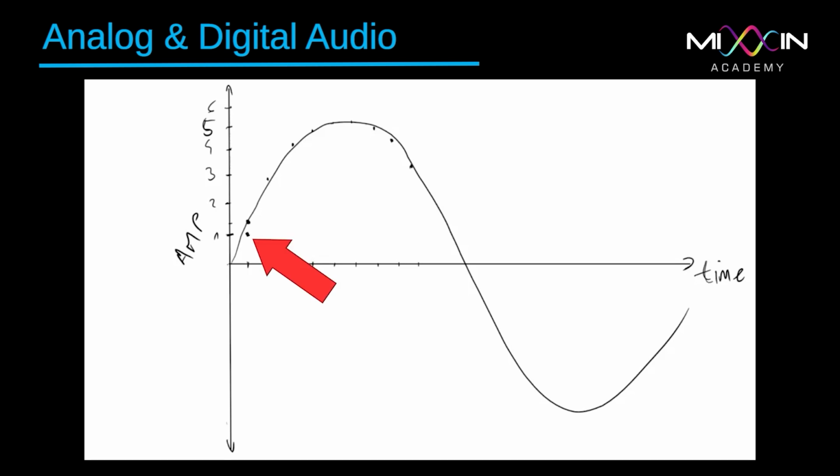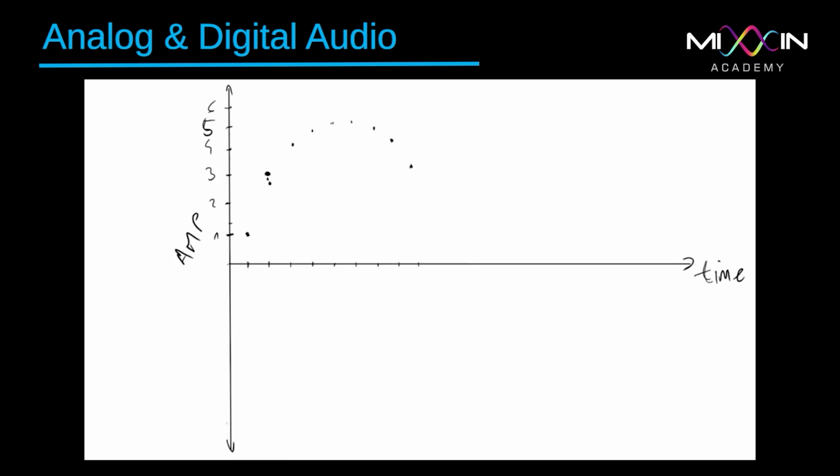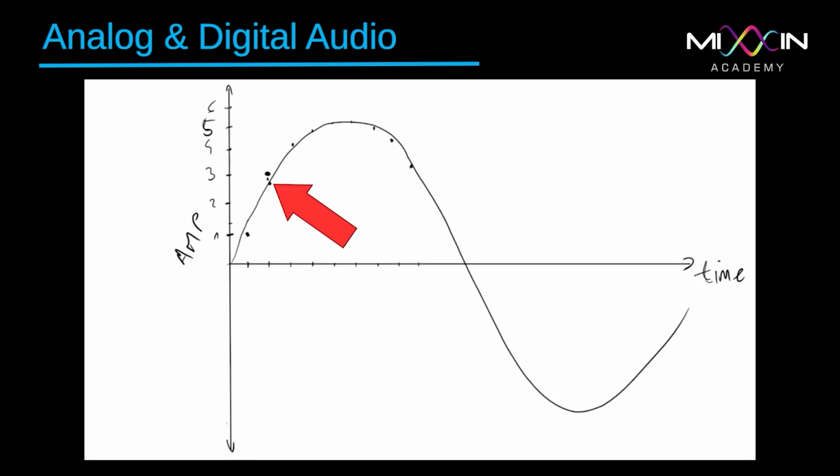So at this point in time, it would be 1. At this point in time, it would most probably not be here, it would be 3. It would be right there. So this one can just go away. Let's go back. So it would remember it right there. This one would be remembered on 3. This one on 4.